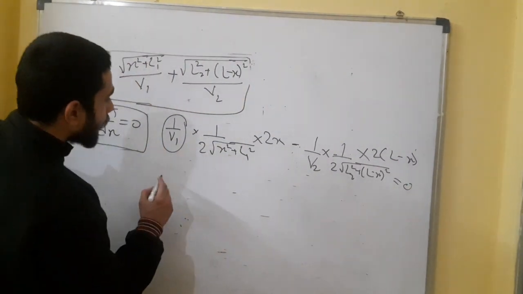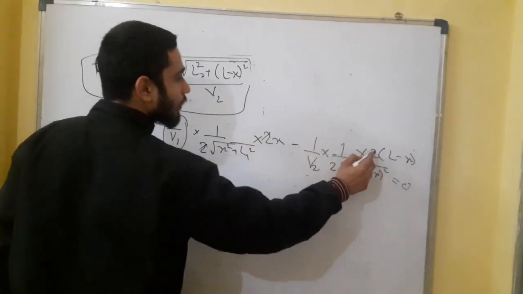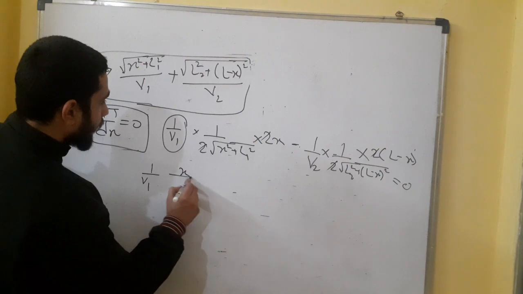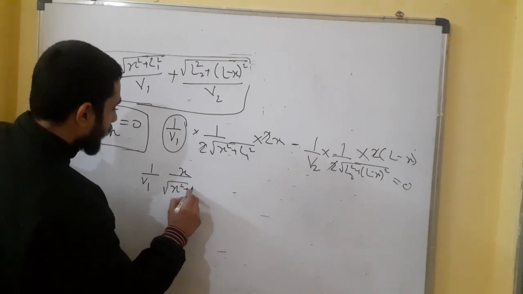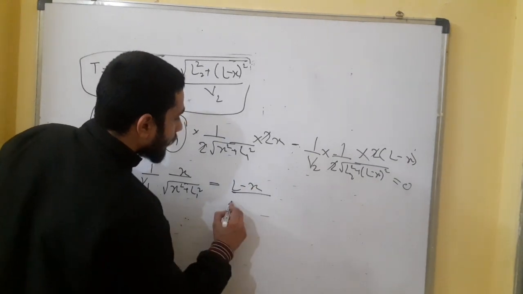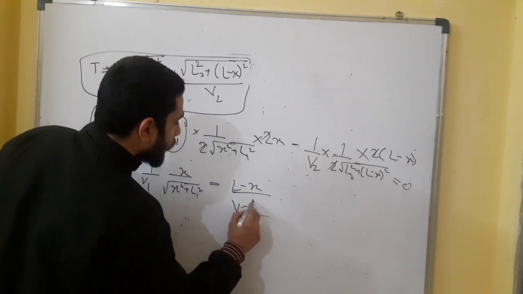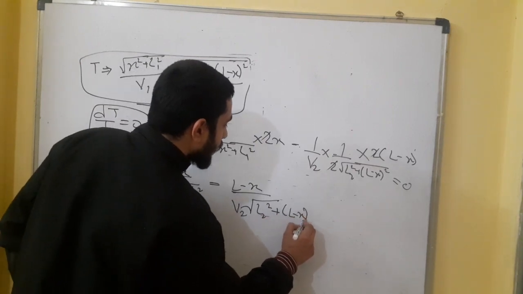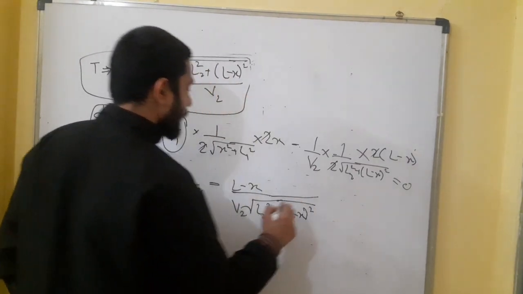The 2s cancel. So 1 by v1 into x upon root of x square plus L1 square is equal to 1 by v2 into (L minus x) upon root of L2 square plus (L minus x) whole square.